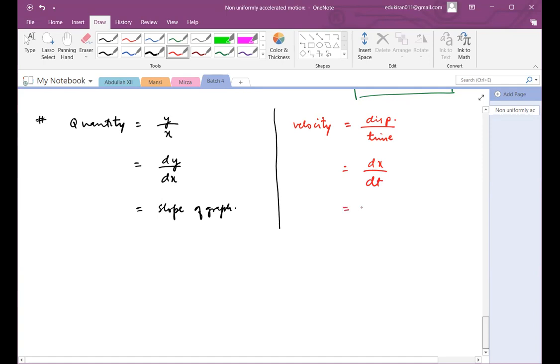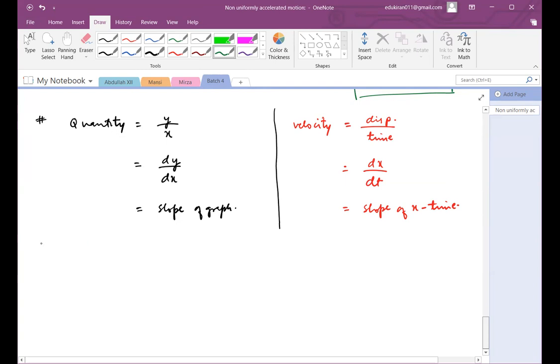And if there is a relation or graph between displacement and time, just calculate the slope of the displacement versus time graph. It will define the velocity of that particular body. So for a particular quantity, we may have three different ways of calculating depending upon the problem. If it is numerical, just use the formula. If it is a variable term, use the calculus method. If it is in terms of a graph, use the slope method.